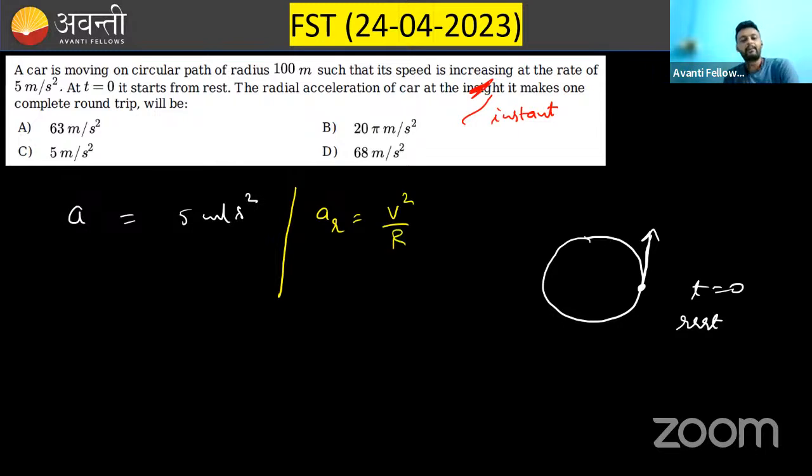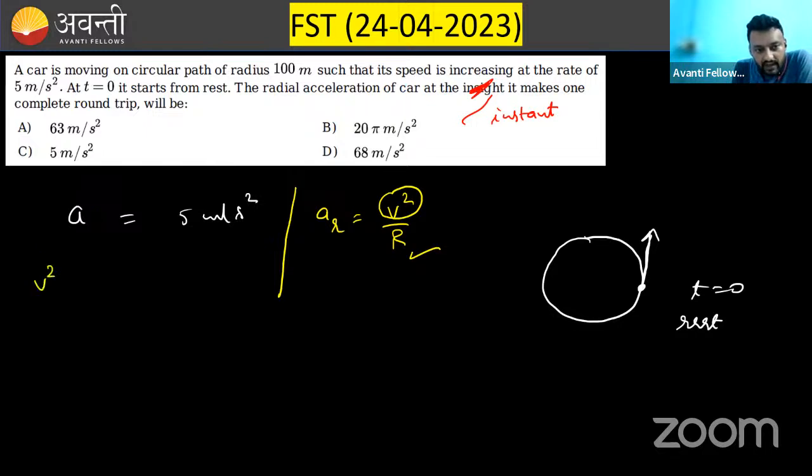I think you know that this is centripetal acceleration. So r is known. We need to calculate its speed. In one round trip, the distance it will travel is going to be 2 pi r.